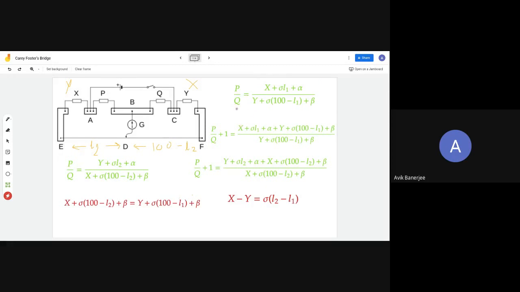We'll add 1 to both sides of these two equations. So if we add 1 to this, we have P by Q plus 1. If we add 1 to the right hand side, we have this. Now this term sigma L1 and this one minus sigma L1, they cancel each other.